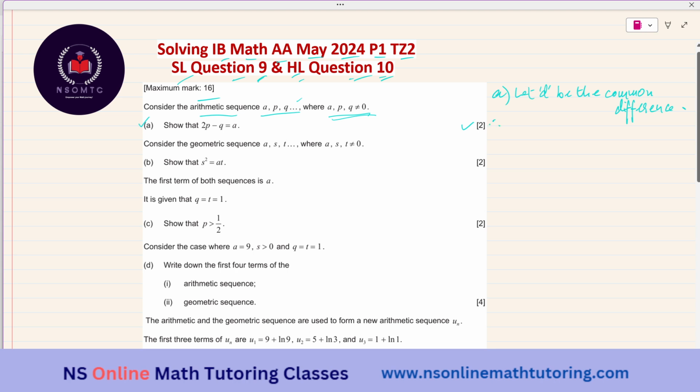Therefore, P minus A, second term minus the first term, should be equal to D. And also, the third term minus the second term should also be equal to D. So, therefore, P minus A is equal to Q minus P, or 2P minus Q is equal to A. Shown.